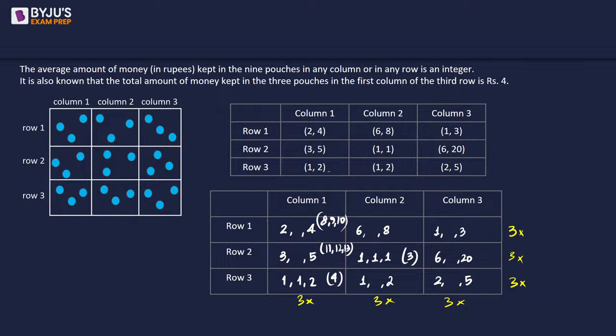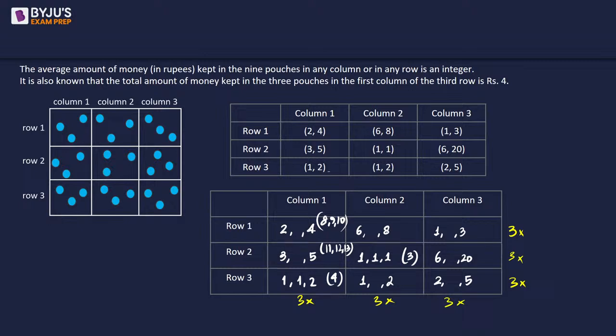So we can have either 8, 12, 4, or 9, 11, 4, or 10, 13 and 4. These are the 3 possibilities of having the first column's total amount in the table of 3.